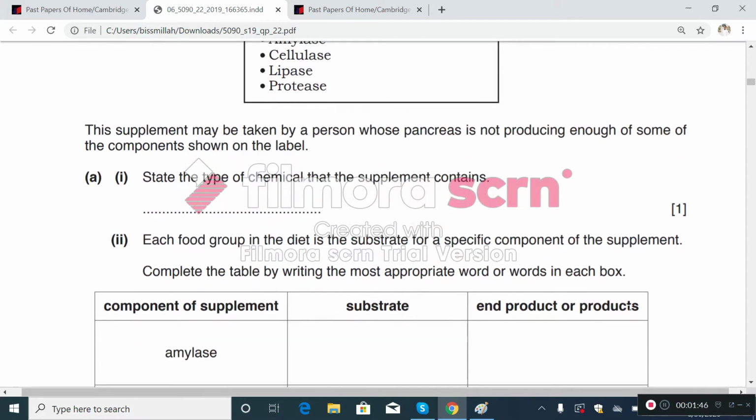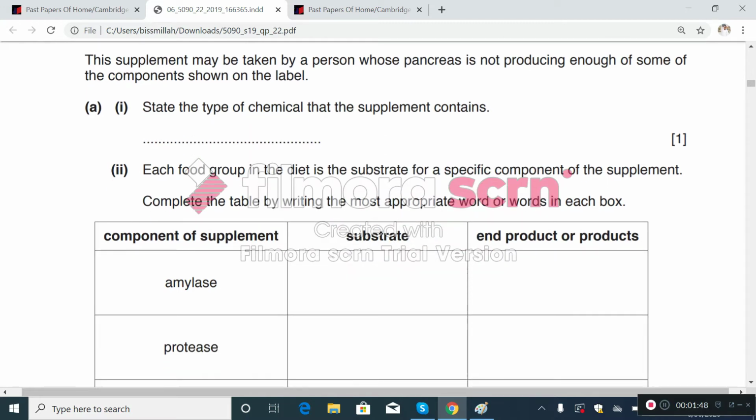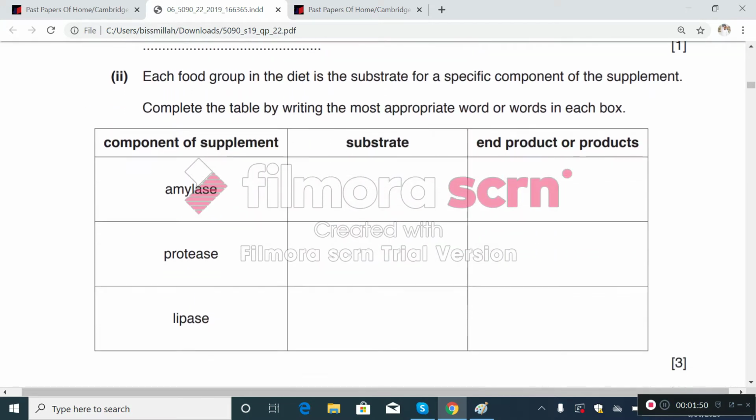Then move to part 2, question 1. Each food group in the diet is a substrate for a specific component of the supplement. Complete the table by writing the most appropriate word or words in each box.